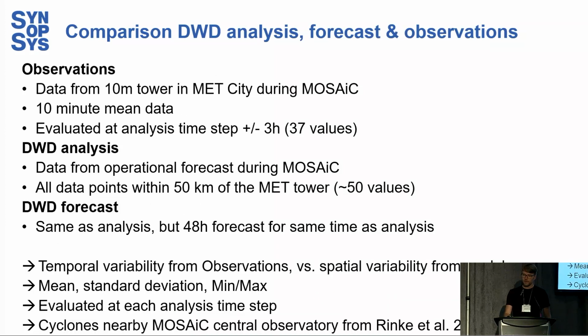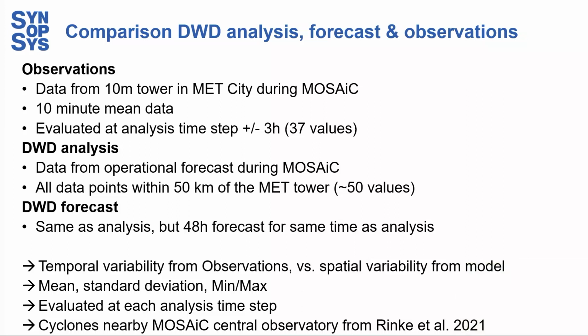So for observations, of course, we take MOSAiC data from the Met City, from that stuff I'm going to show here. It's the 10-meter tower and then 10-meter height. I use 10-minute average data and evaluated around the analysis time steps of the forecast, so plus minus 30 hours, to do some statistics around that.